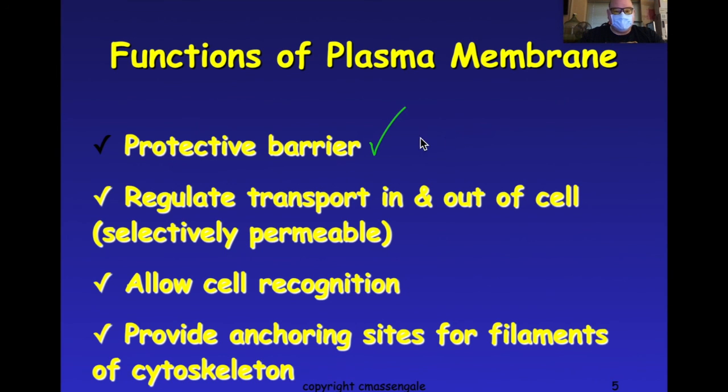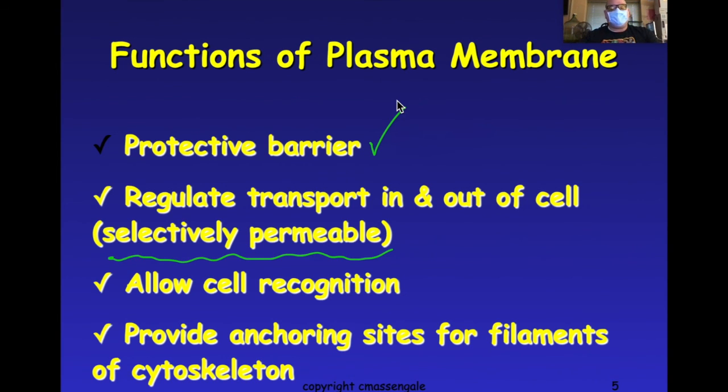You won't get sick. So there are certain things we don't want to let into cells, but there are certain things you do want to let in. So the membrane regulates what should go in and out. We call that selectively permeable. Now, permeable means something can get through.